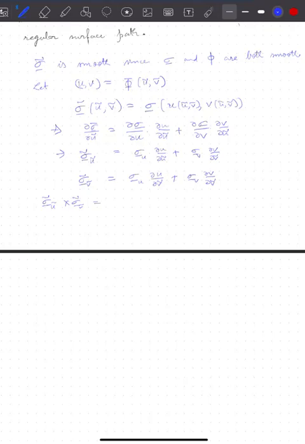So what we'll have is U by U tilde, V by V tilde minus U by V tilde and V by U tilde, times sigma U cross sigma V, isn't it? So this is what we call the Jacobian.